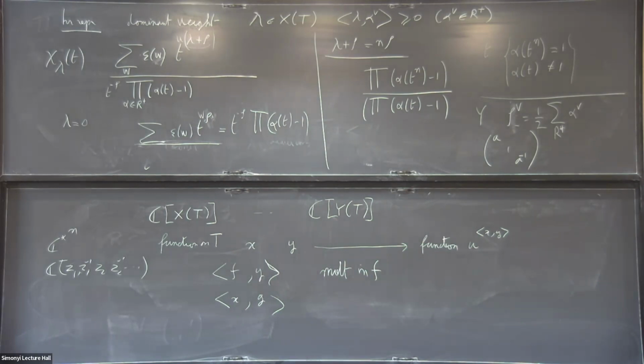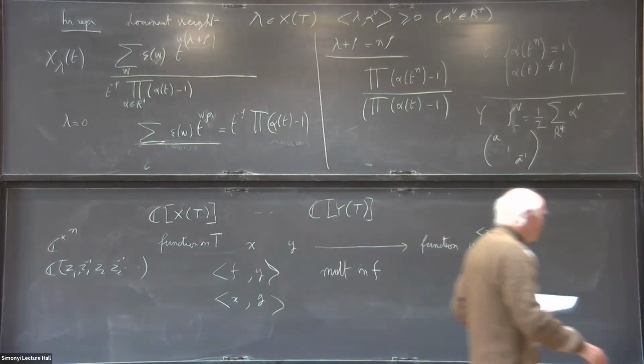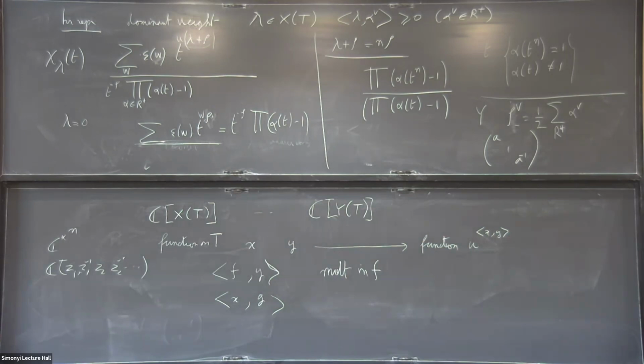And what one obtains is that the character of lambda plus rho restricted to rho hat of u will be some invertible factor, which I will not care about, corresponding to this t to the minus rho there, times the product of u to the pairing of lambda plus rho and all coroots, minus 1.